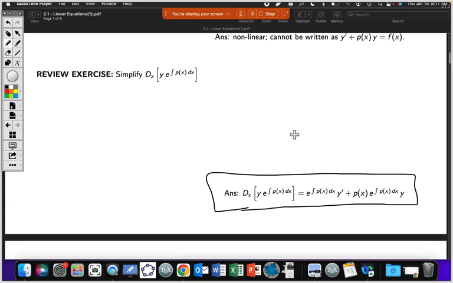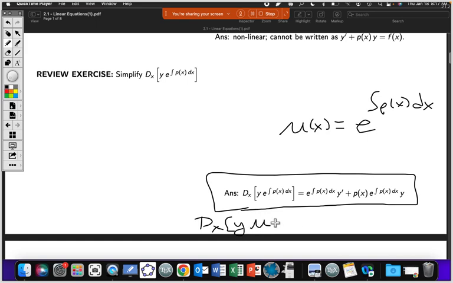If you notice, if we let mu of x equal this integral, then what we've got here is the derivative of y times mu is equal to mu y prime plus p of x mu y.